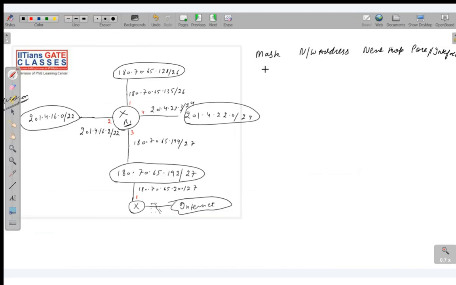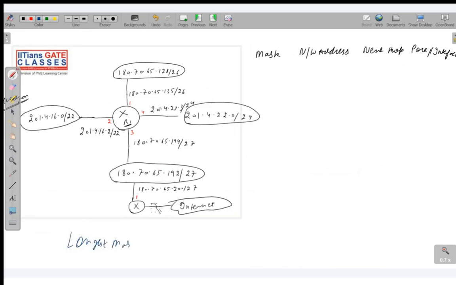Now we will make entries in such a way. There are choices for you. You can make entries for these networks in whatever order you want, but the basic idea is that you should keep the masks in decreasing order. This is known as longest mask matching.